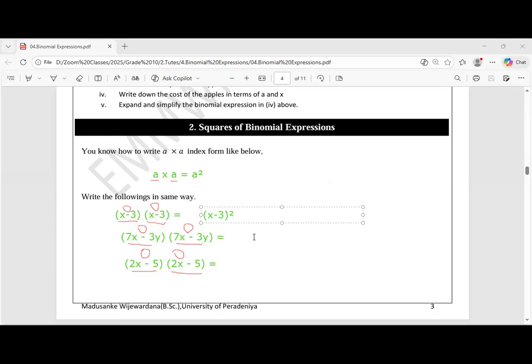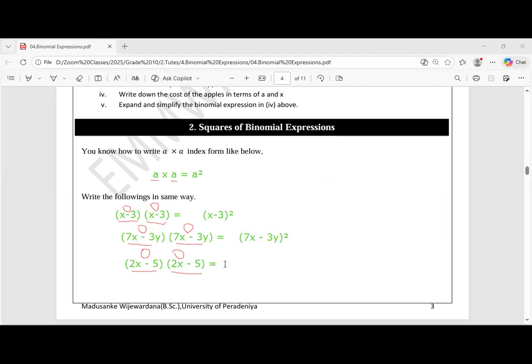This one is the same: 7x minus 3y, 7x minus 3y, so 7x minus 3y in brackets to the power 2.